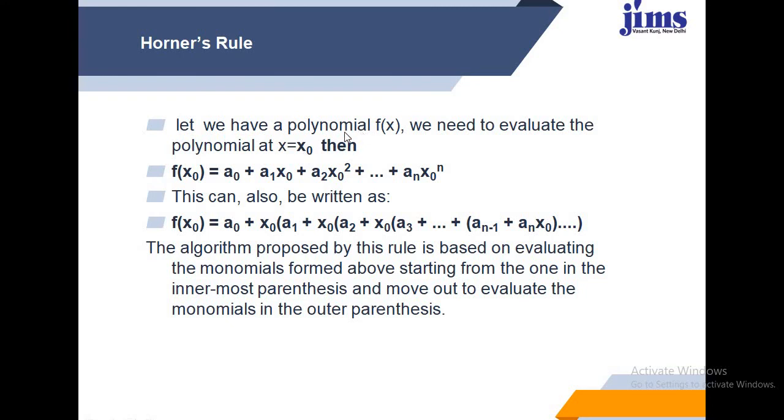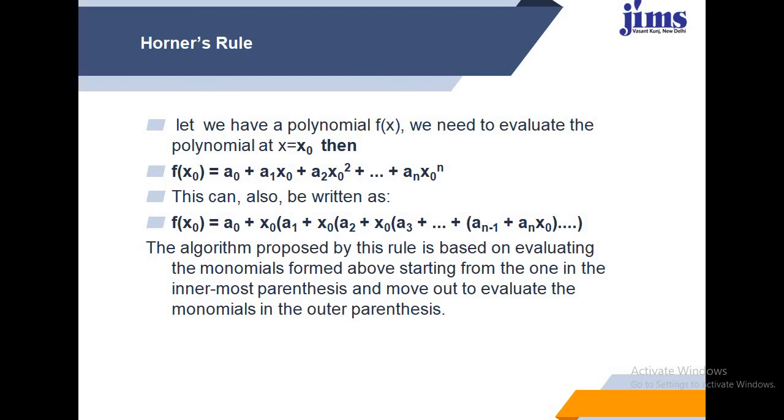So you just shift this x equal to x0 in f of x. So your polynomial will become f of x0 equal to a0 plus a1 x0 plus a2 x0 square plus and so on. According to Horner, you can rearrange these terms like this. Firstly a0, this is a constant, so you will not change this term.